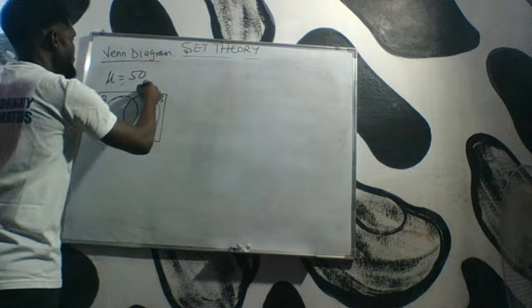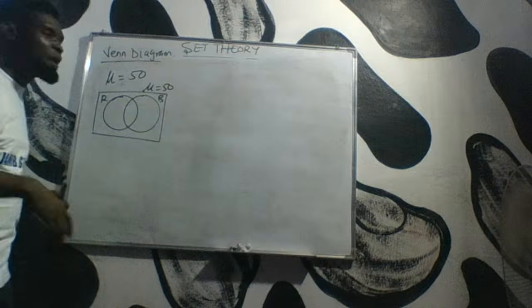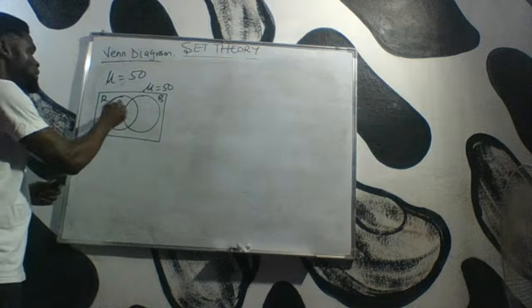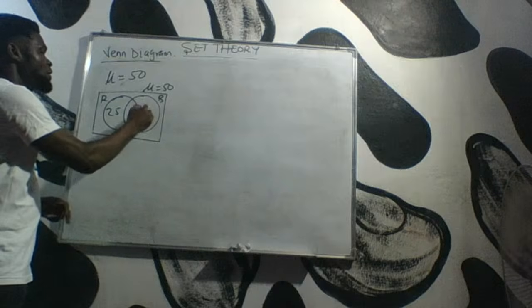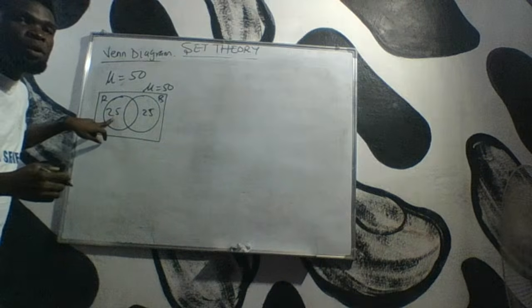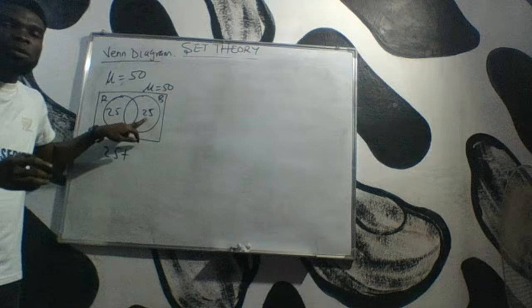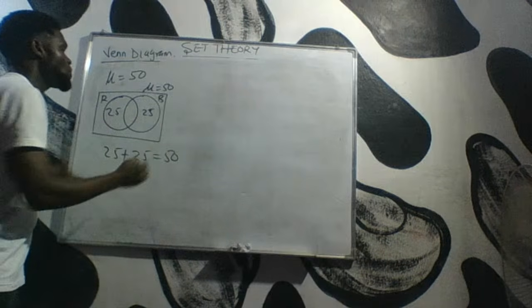Out of 50 students in the class, I asked how many students ate rice, and I saw 25 hands. How many students ate beans? I saw 25 hands. If I add the number of students who ate rice only, which is 25, and the number of students who ate beans only, which is 25, that will give me the total number of students in my class, 50.